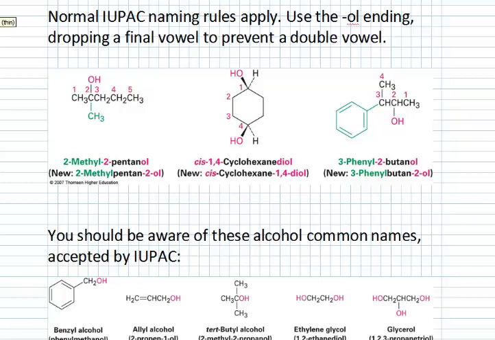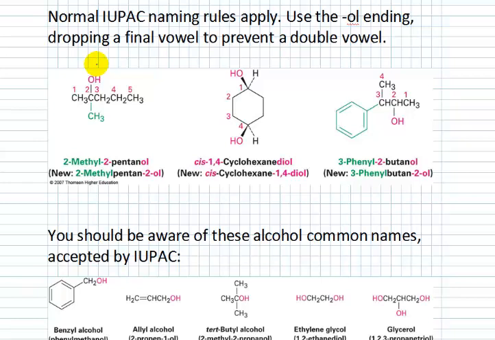We're going to follow the normal IUPAC naming rules. We're going to find the longest carbon chain closer to the functionality of the molecule, ending it with OL. We use OL, but we'll drop the final vowel of the parent compound. So methane becomes methanol, pentane becomes pentanol, and that's just to avoid a double vowel combination, right?